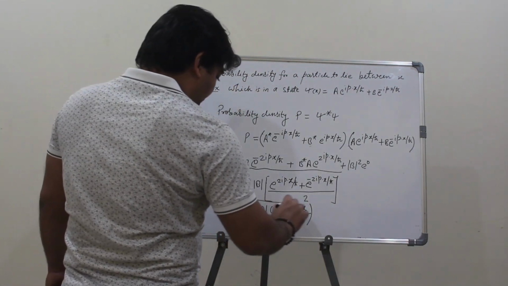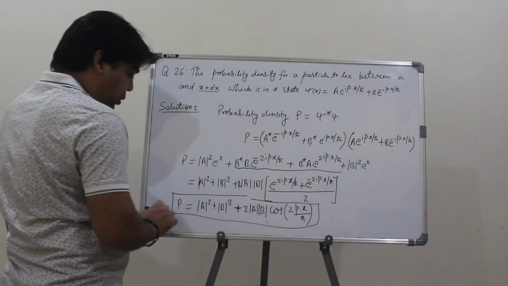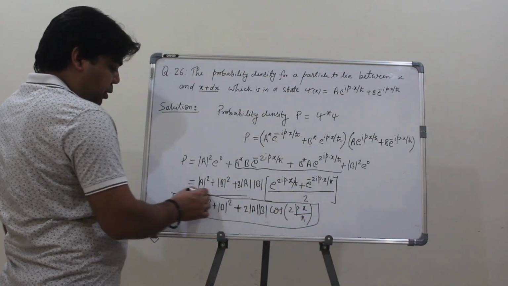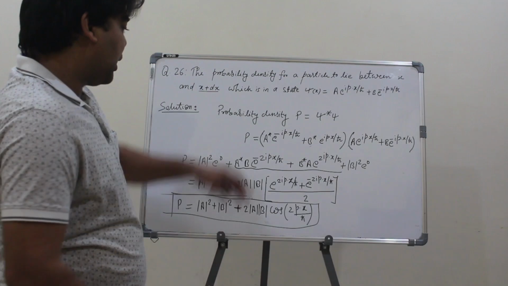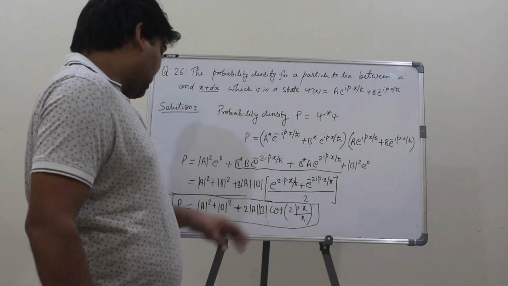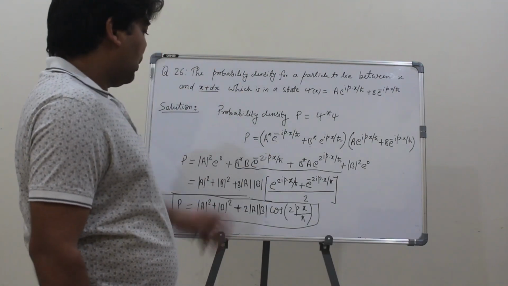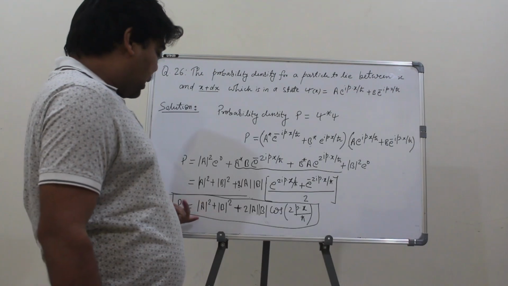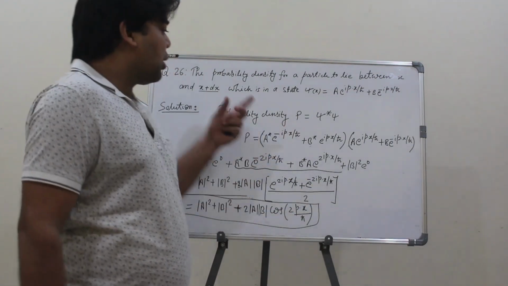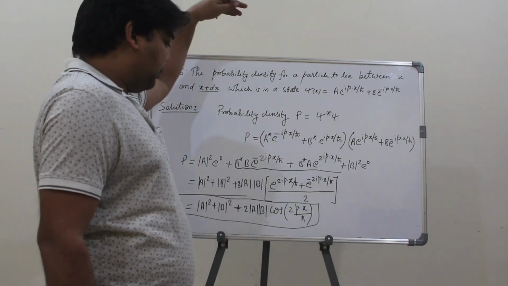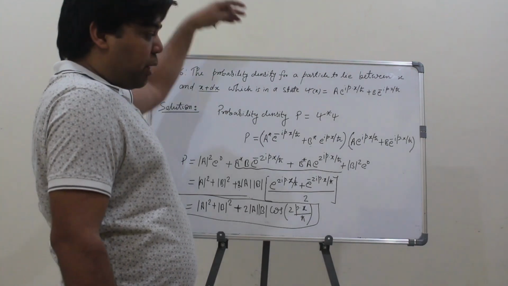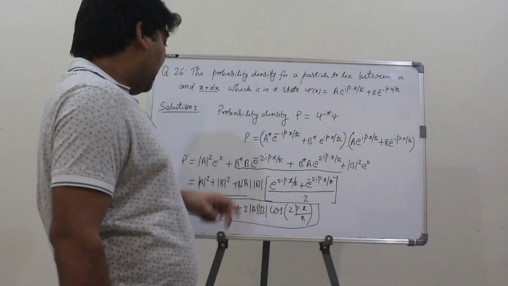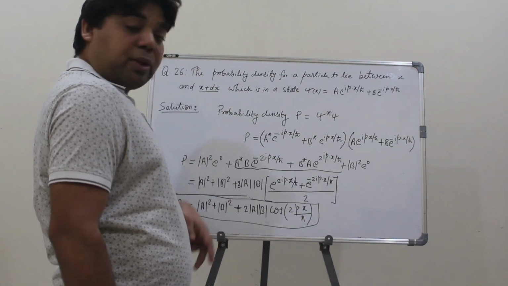So this is the simple way of doing the calculations and using the formulas for calculating the probability density. If this kind of problem is asked in any of the exams, I hope there will be no problem for you to calculate the same, right? So please note it down.